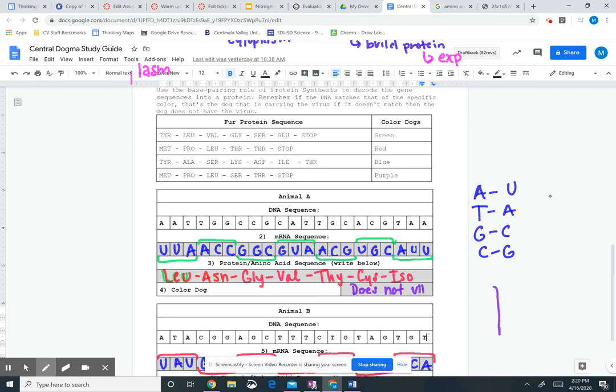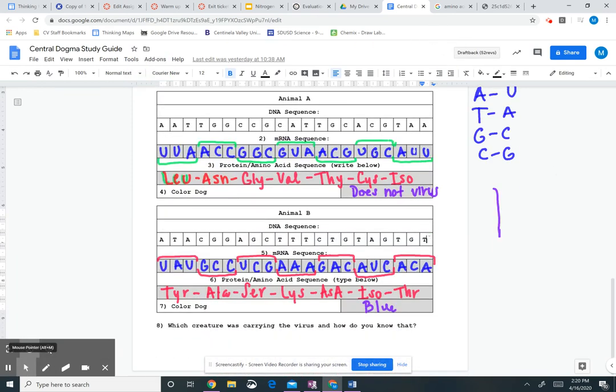The one at the bottom that matches, the blue one, does have that virus. And we know that it has that virus because the codes for the proteins match.